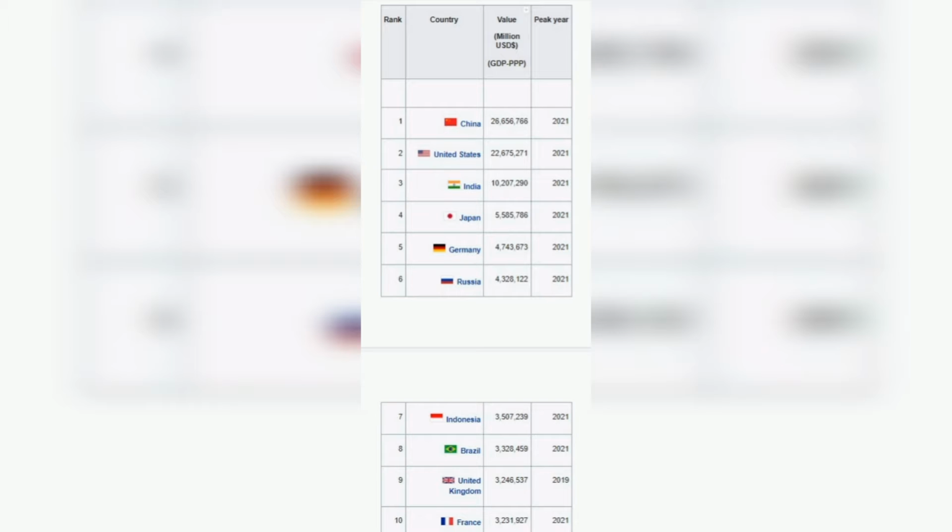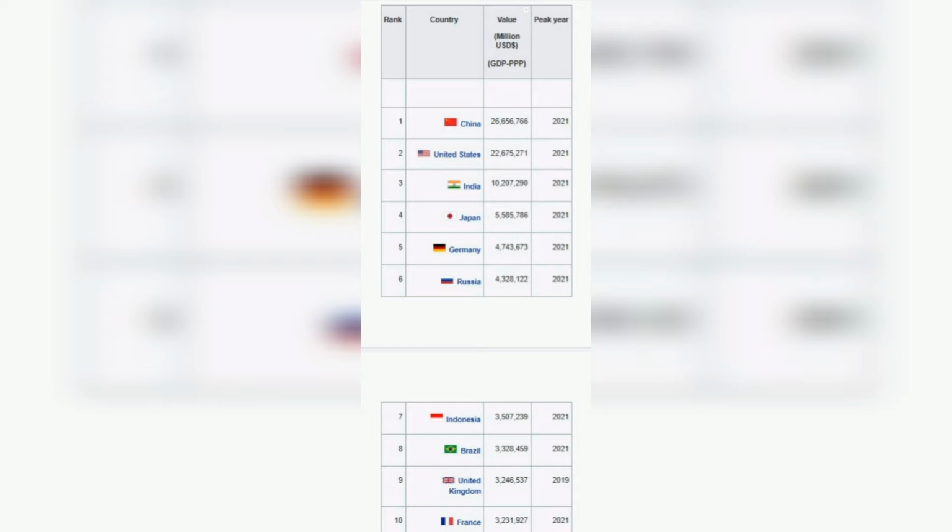On the fourth number, there is Japan with $5.5 trillion. And then there is Germany with $4.7 trillion. Then on sixth number, there is Russia with $4.3 trillion. And then on seventh, there is Indonesia with $3.5 trillion. Then Brazil on eighth number with $3.3 trillion. And then United Kingdom with $3.2 trillion.